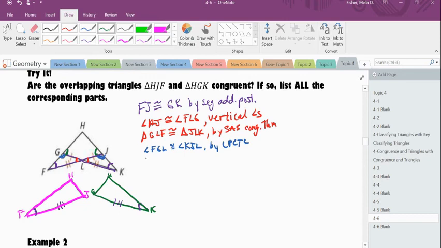So we would say that angle KJL plus angle HJL equals 180, and also angle FGL plus angle HGL equals 180, and that's by linear pairs.